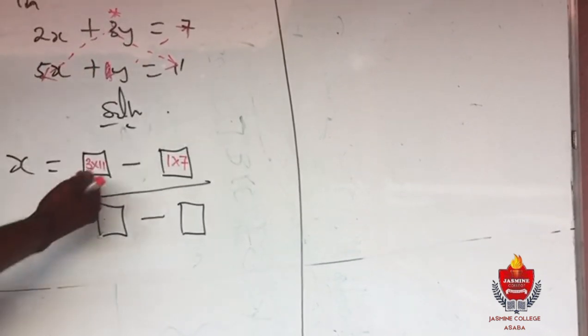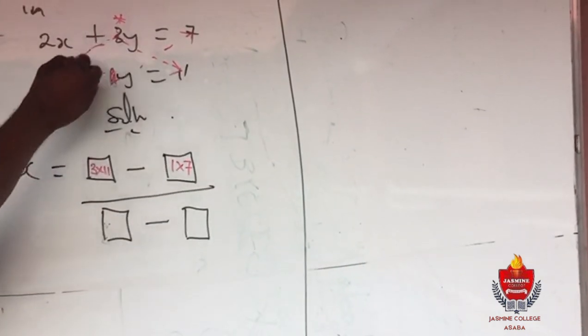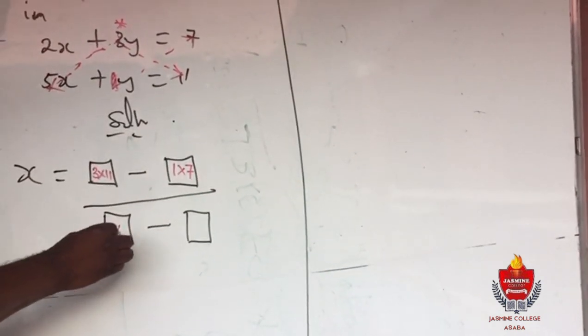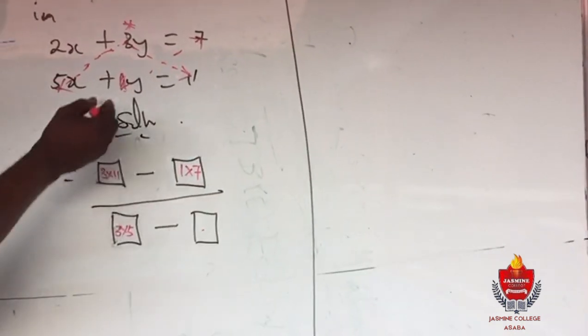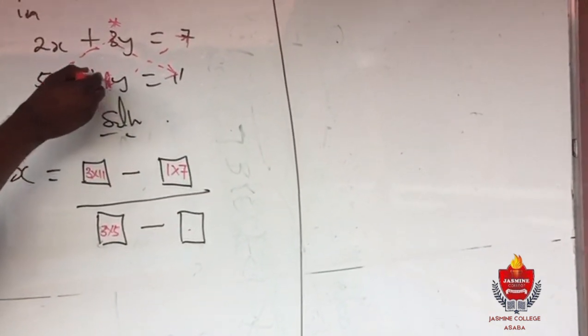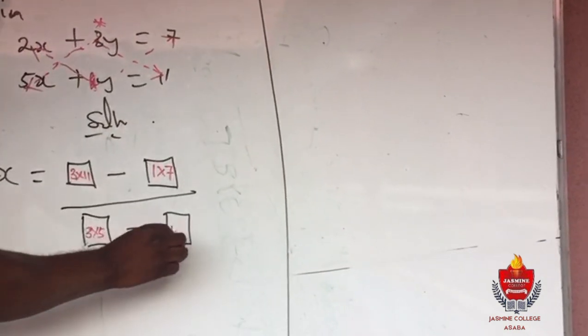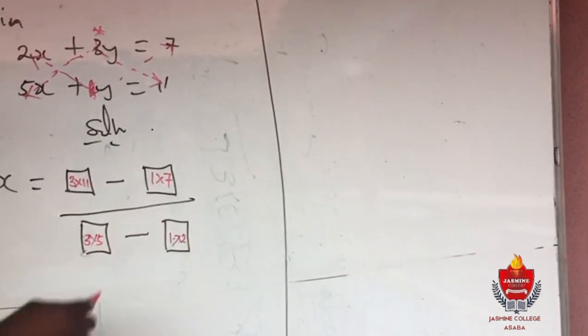So we quickly take the reverse of what we just did. That is, this 3 will be used to times 5. So you have your 3 times 5 here. And then the 4th box will be accommodating the product of this 1 and 2. So you have 1 multiplied by 2.